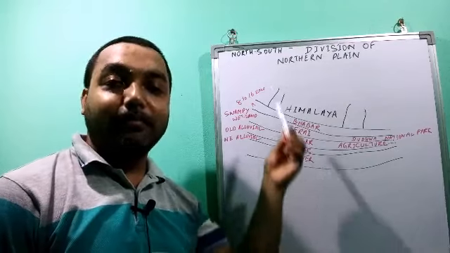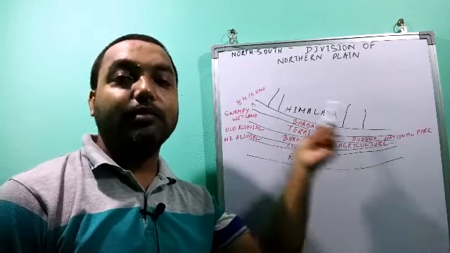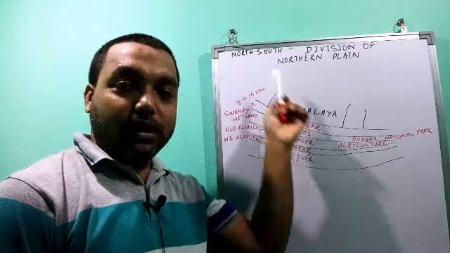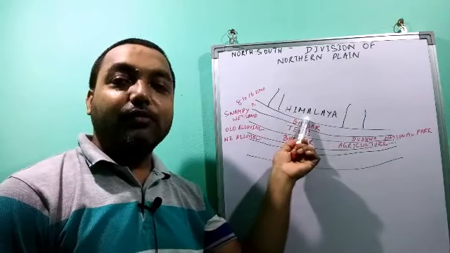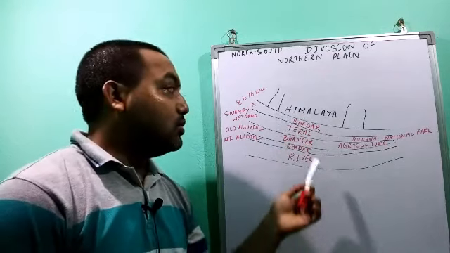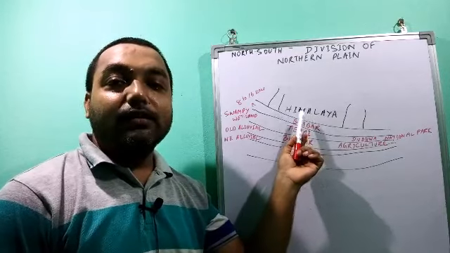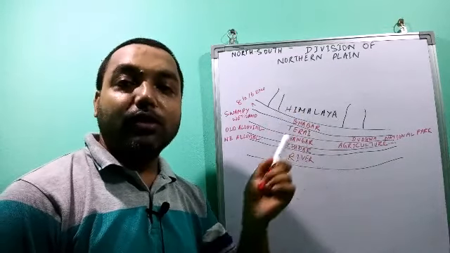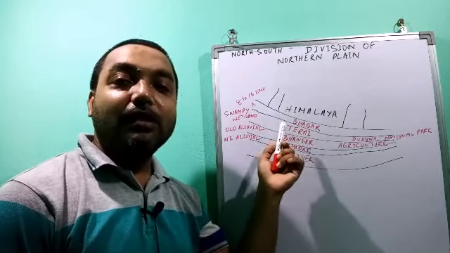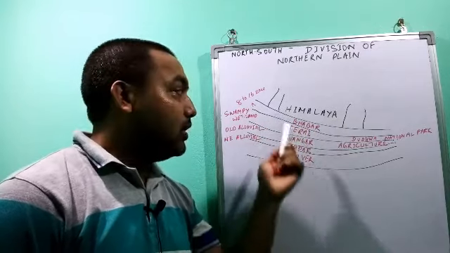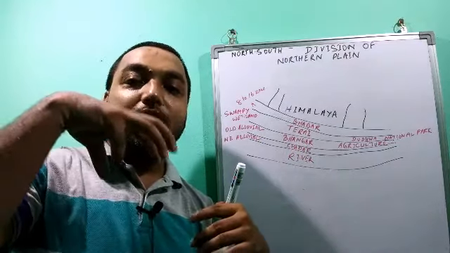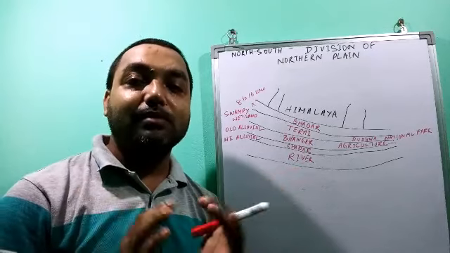Here I am not drawing the map like Kashmir and Arunachal Pradesh so that you can understand better. Where the Himalayan mountain ends, from there only the northern plain starts. The small rivers or streams that come from the Himalayan mountain, when they reach the northern plain, in the first belt the river water goes down because there are big pebbles and big boulders.